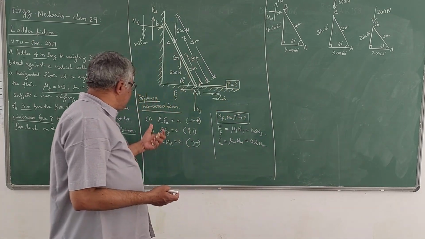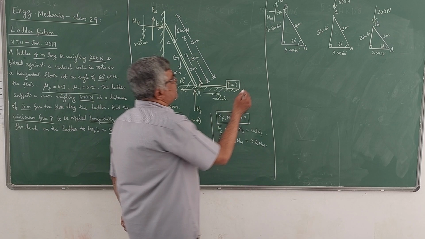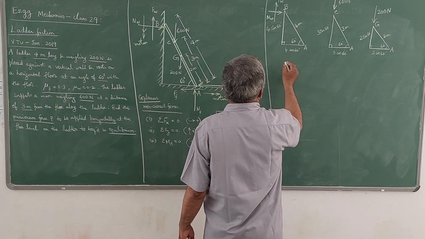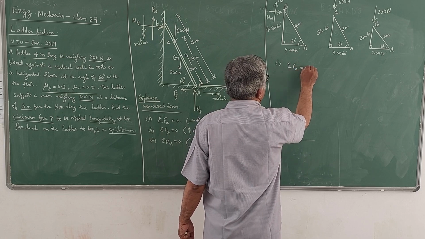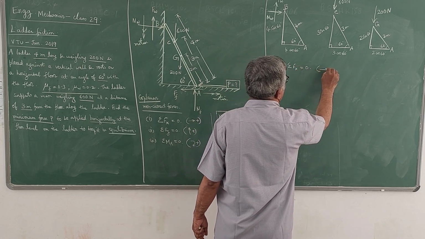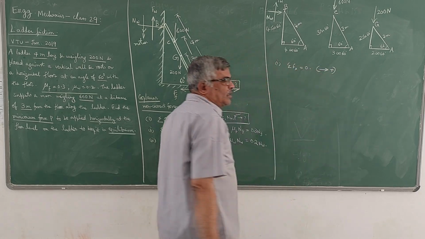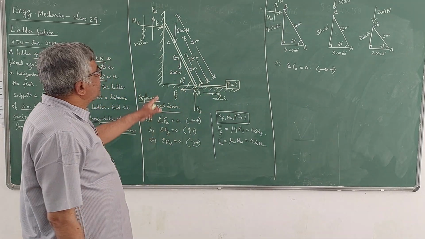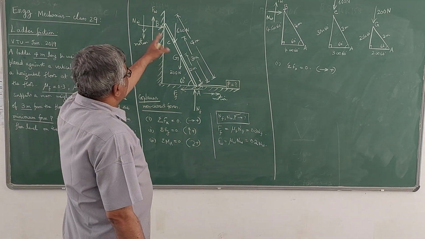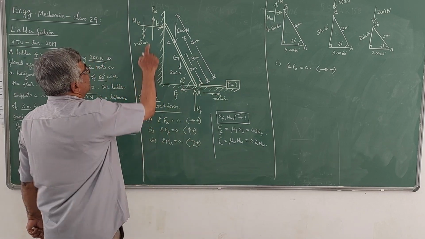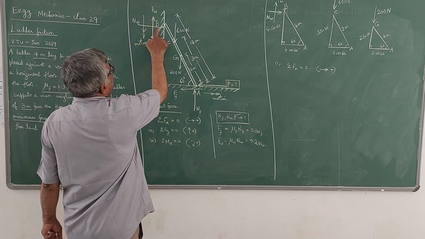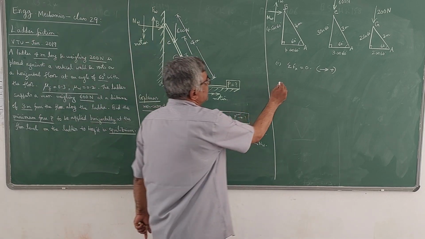Now let us apply one by one the three equilibrium equations. First I am going to use sigma Fx = 0. The sign convention is force acting towards right positive, left negative. If you see the diagram here, NW is acting towards right, so it is positive.